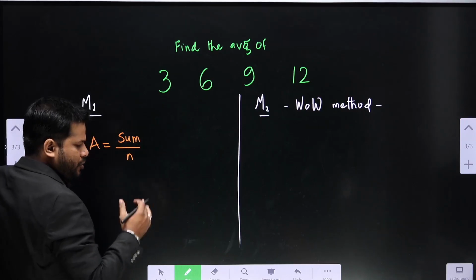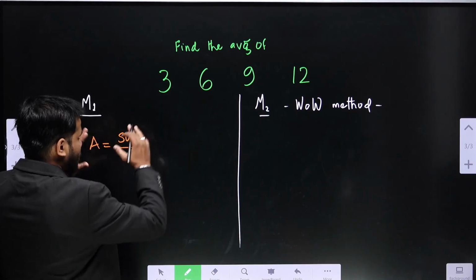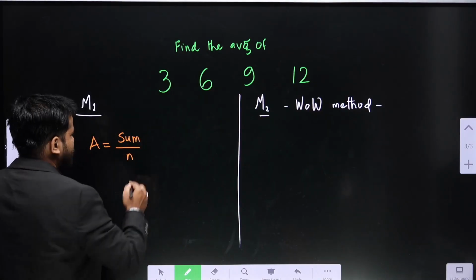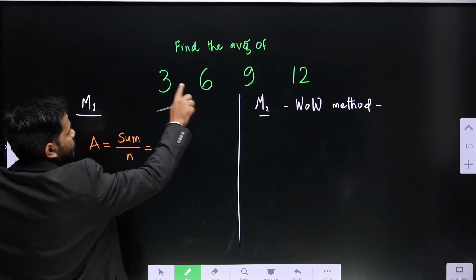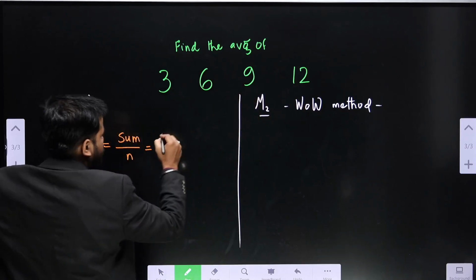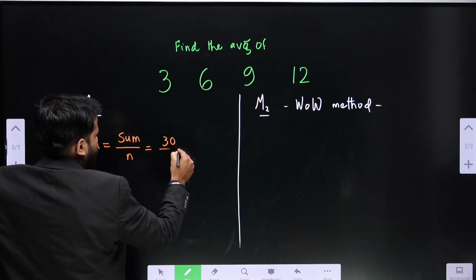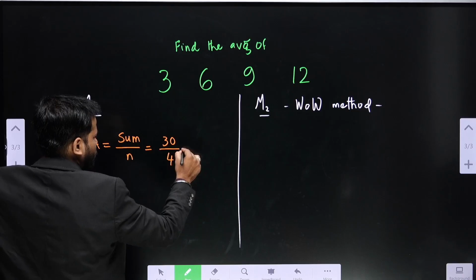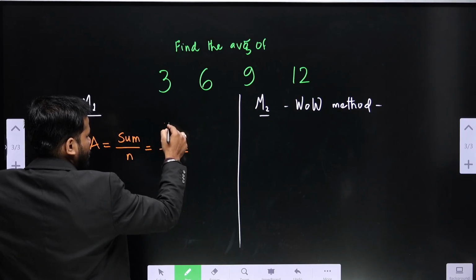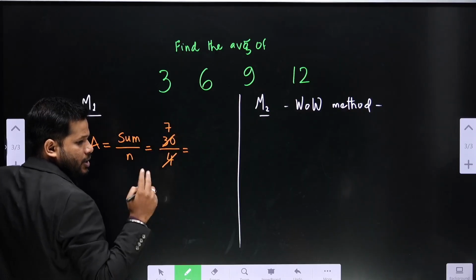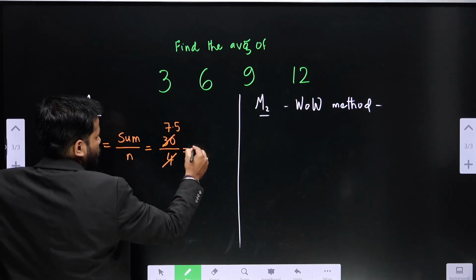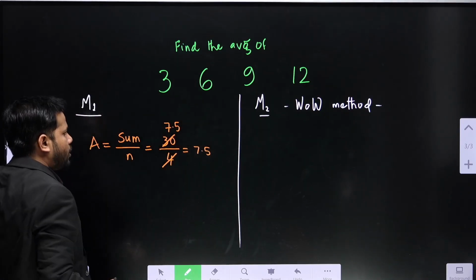Gradually reduce the formula base, मतलब इतना बड़ा formula ऐसे ही लिखो और धीरे धीरे after 10 questions you do not write this. Sum कितना होगा 3 + 6 as we have already done, 3 + 6 is 9, 9 + 9 is 18, 18 + 12 is 30, 30 divided by कितने number of terms हैं 4. You know to divide this 4 से, अगर इसको cancel करोगे 7 4 जा 28, बचा 2, तो एक dot आएगा decimal 20, that means 5, तो 7.5 is your answer. Clear?